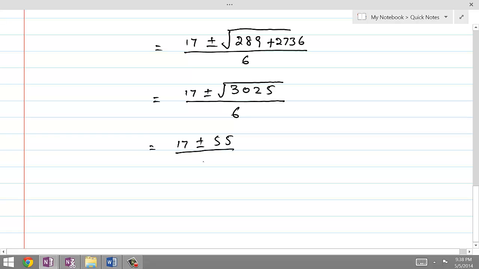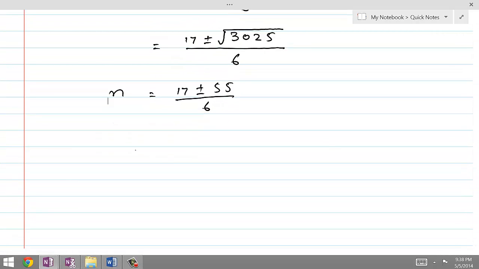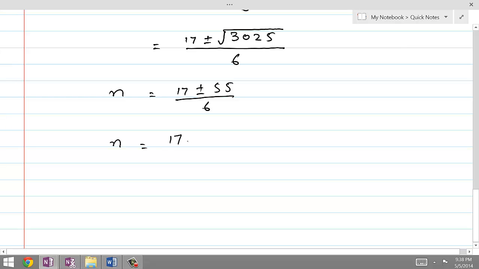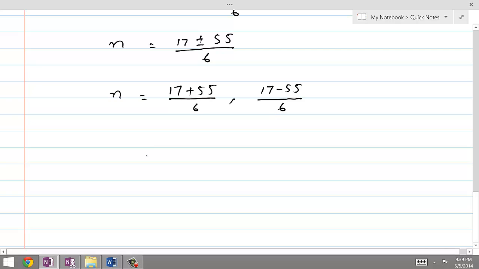As n is the number of terms, it can never be negative. Therefore, n is equal to 17 plus 55 over 6. That's one value. The other value is 17 minus 55 over 6. So if we only consider the positive value, that would be 72 over 6, which is equal to 12.